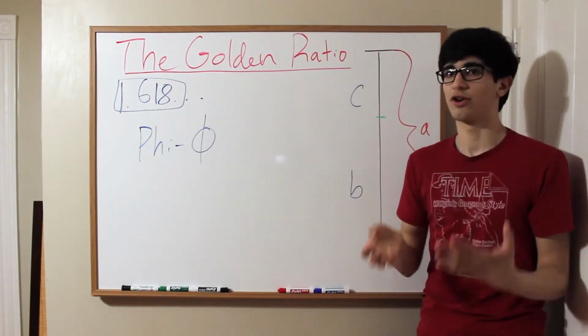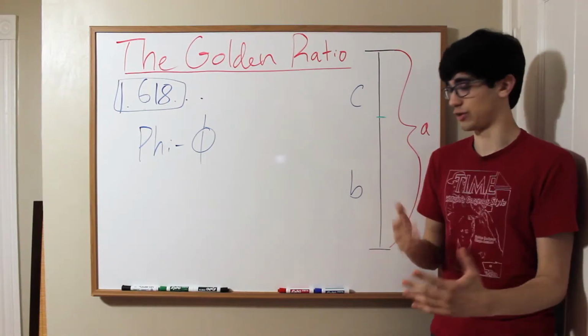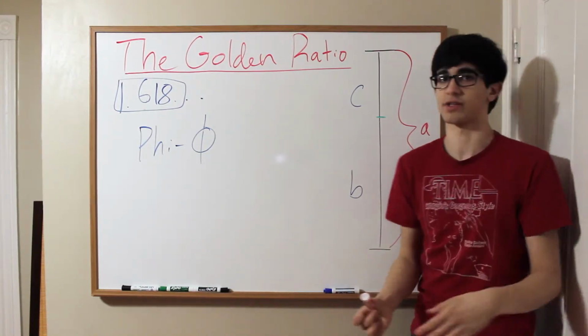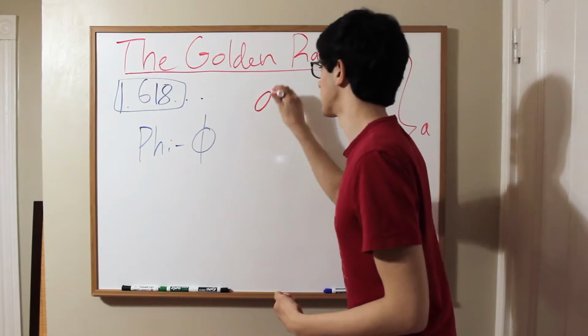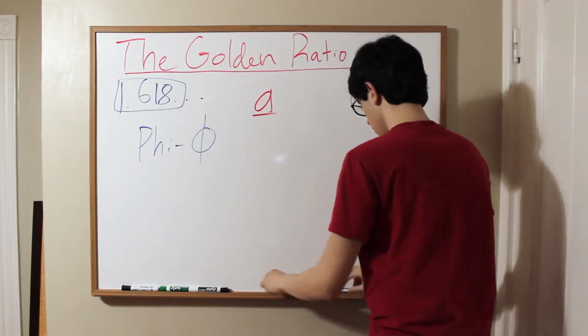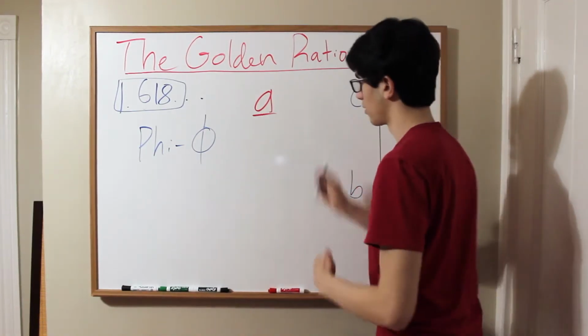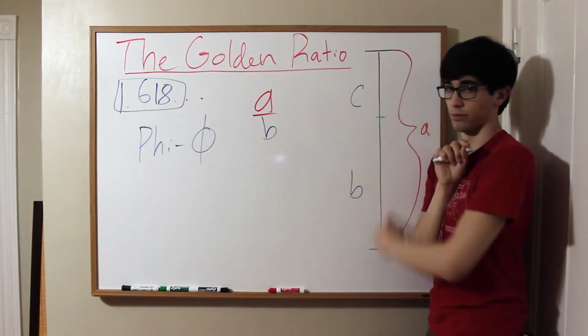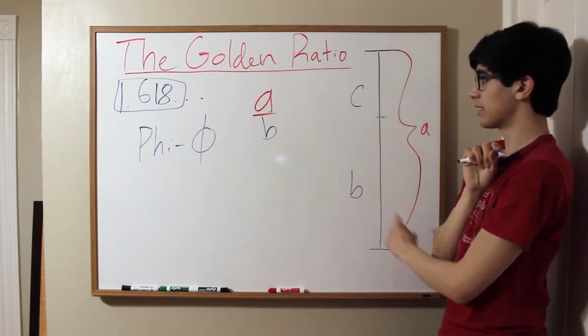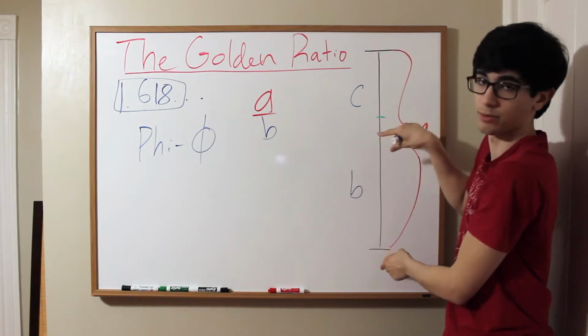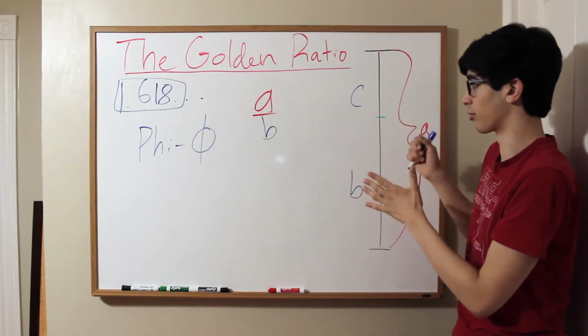Now that seems like a very coincidental and abstract definition, but let's write it down and we'll discuss it a little more afterwards. It says essentially A divided by B, where A is the whole segment, as I drew over here. A is the whole segment, B is the big part that you took off when you split it, the bigger part.